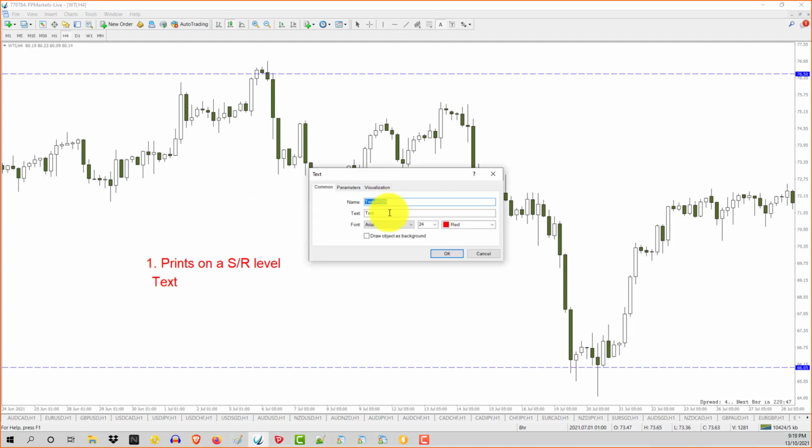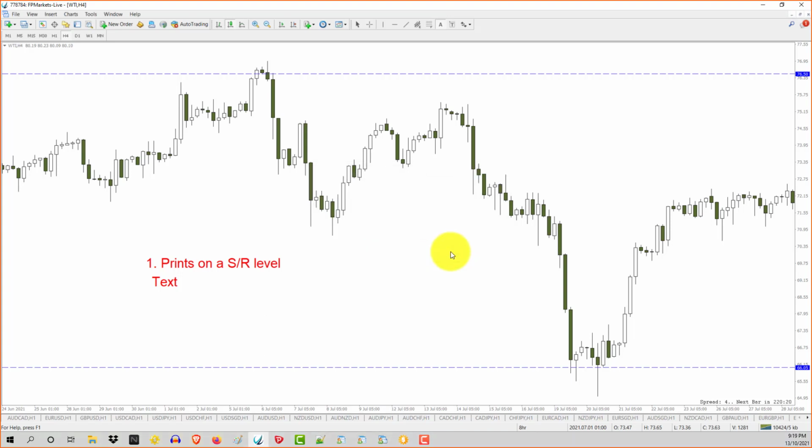The open and the close have to be in the top third for a bullish kangaroo tail like this one, or in the bottom third of the candle for a bearish one. Obviously, it's the opposite, bottom third, for bearish ones.